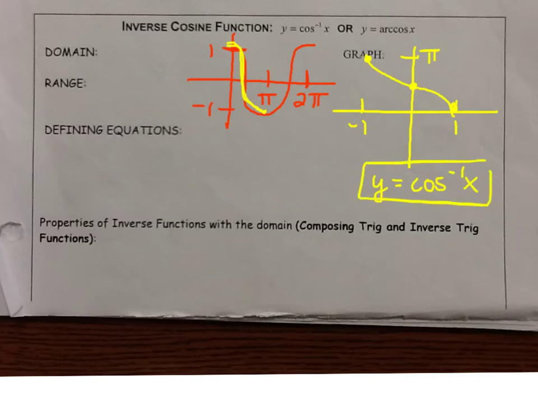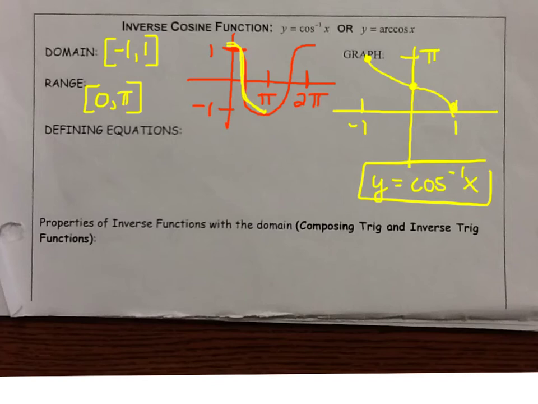Okay, so now let's fill in domain and range. Take a look at domain for inverse cosine. Should be negative 1 to 1. Okay, the range of inverse cosine is different from inverse sine. The range is 0 to pi this time. So when you give me answers for inverse cosine, you can only give me angles between 0 and pi.